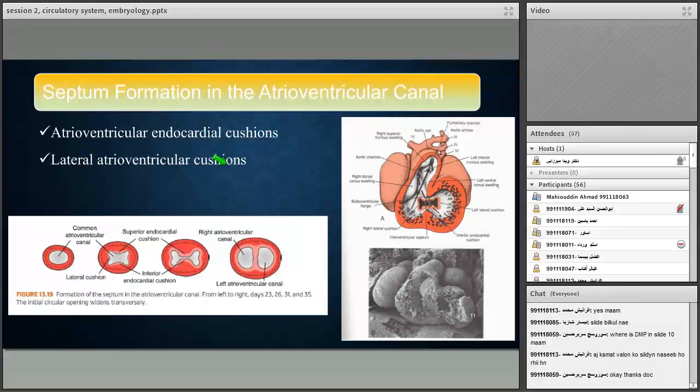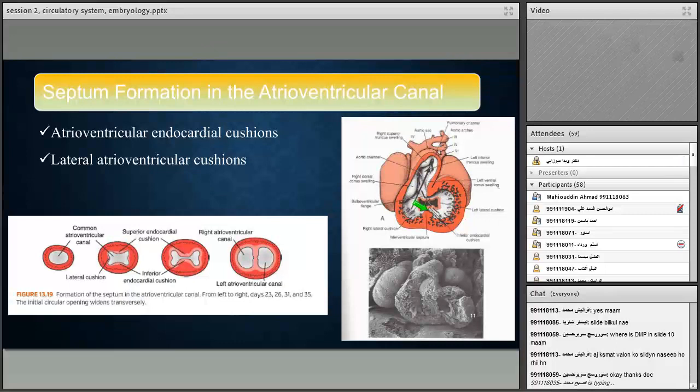As we said, at the time when the septum formation is happening in the common atrium, also at the side of the atrioventricular canal, 4 endocardial cushions are forming. Look at here, these endocardial cushions, superior, inferior, right and left endocardial cushions. These endocardial cushions are growing toward each other.